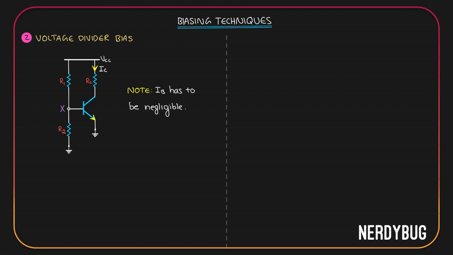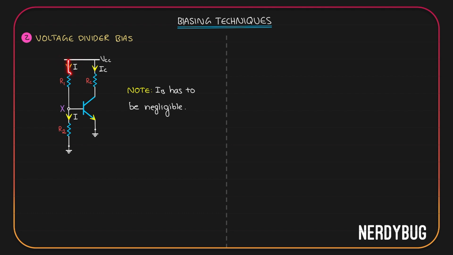Let's mark the current flowing through R1 as I. I flows through R1 like this. And since the base current is negligible, almost all of the current will flow through R2. So the current through R2 is also going to be I. You can see that I have marked this point as X. What will be the potential at X? We have applied VCC over here.